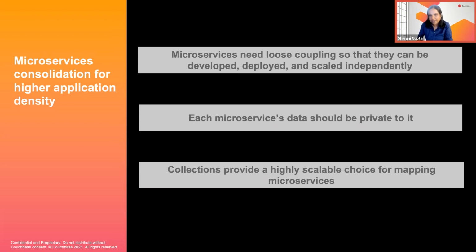Again, with role-based access control available at individual collection level, collections become a very viable choice for mapping the data store of each microservice. And since, as we saw, you can have up to 1,000 collections in a cluster, collections provide a highly scalable choice for mapping microservices. So it allows for higher application density and consolidation opportunities.